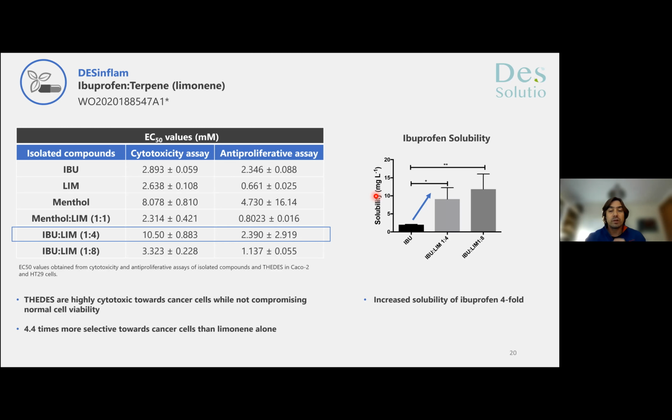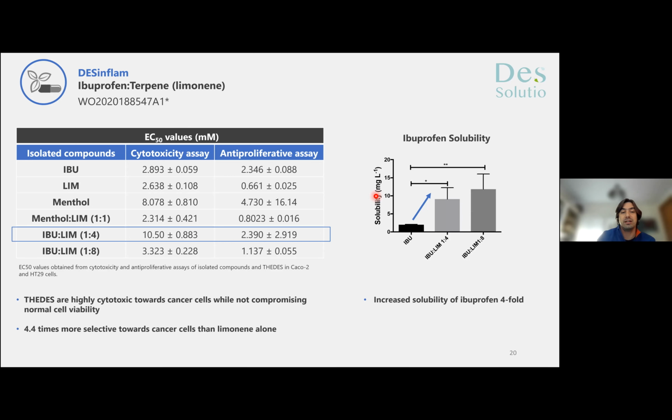And we tested this against Caco-2 cells, which are cancer cells, and measured the cytotoxicity in keratinocytes. What we realized is that this TDES, limonene and ibuprofen, was more than 4 times more selective towards cancer cells. So it killed cancer cells much faster than normal cells.